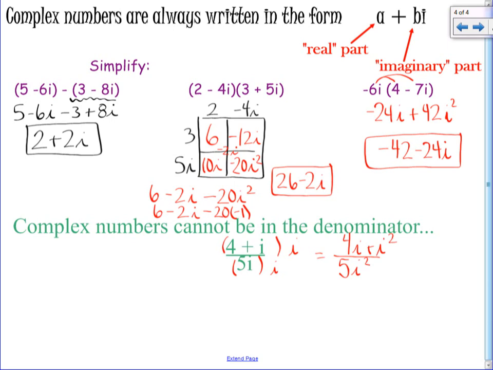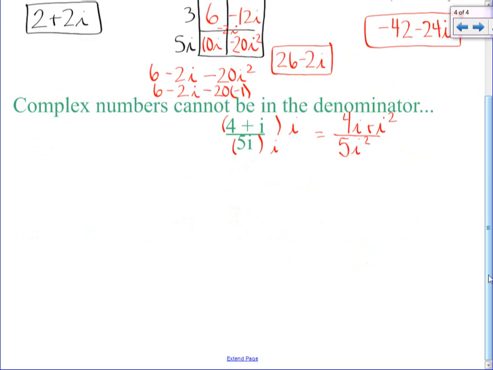So we're going to replace those I squareds with what some people already can see we're going to do here. We've got 4i plus negative 1 and 5 times negative 1. So now this is really 4i minus 1 over negative 5.